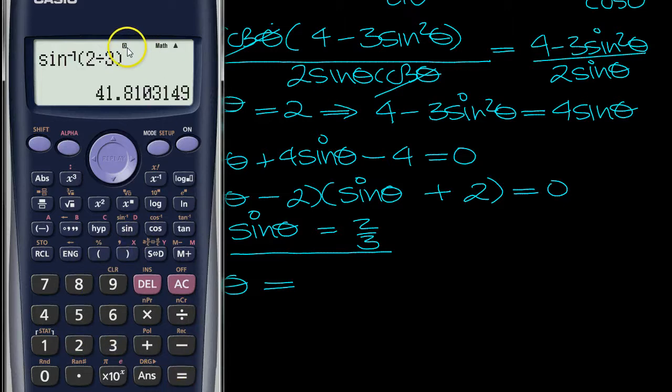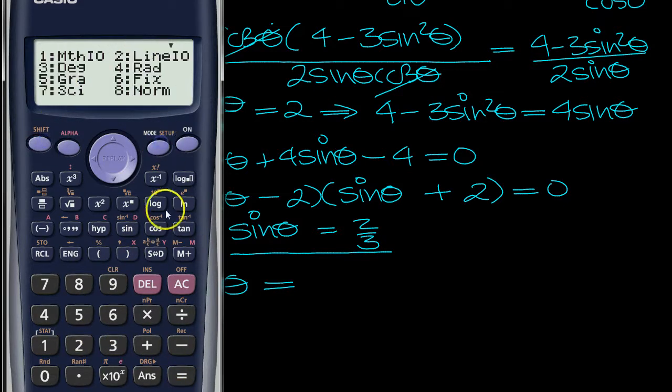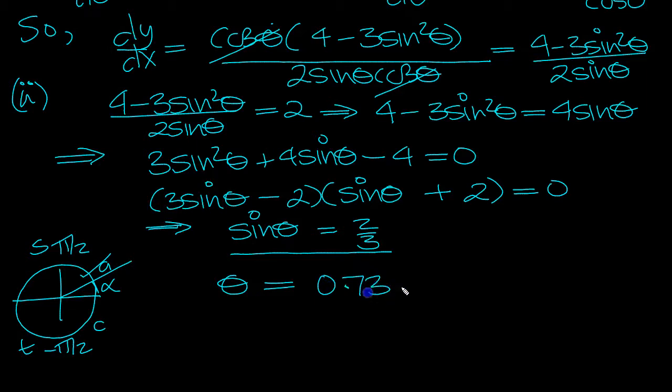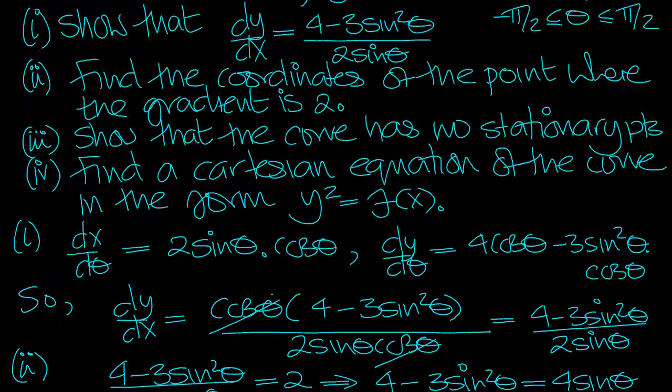Now we're in degrees, we want to be in radians. So change the mode and then work out the radians: 0.73 radians, worked out to 2 dp. Okay, that's what we've got there.